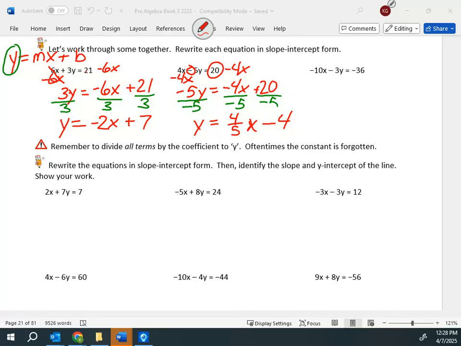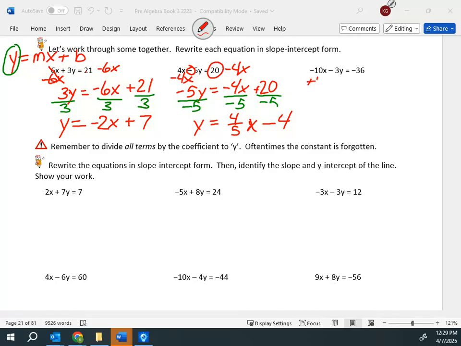All right, next one. -10x minus 3y equals -36. What's my first step? Hadley. So tell me what to do. Which is what operation?